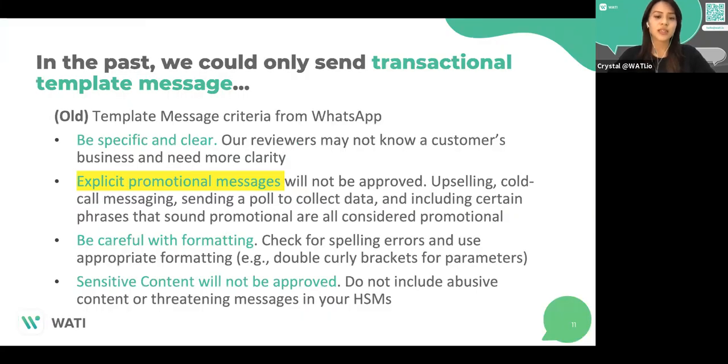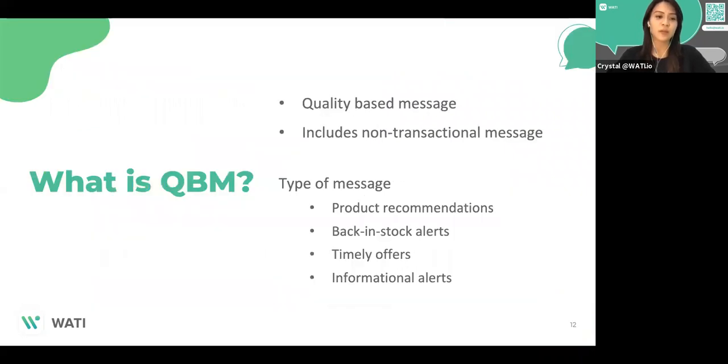So in the past, as one of you asked just now, we could only send transactional messages, which could not include any explicit promotional message. If you had something about a discount, promotion, or price reduction, that would be rejected by WhatsApp. But now the good thing is that you can send more types of messages, because WhatsApp introduced a concept called quality-based message, which includes non-transactional messages as well.